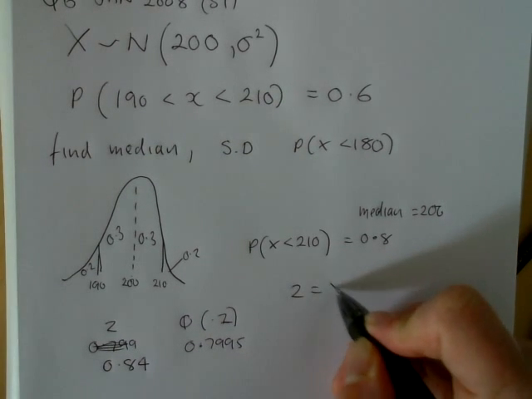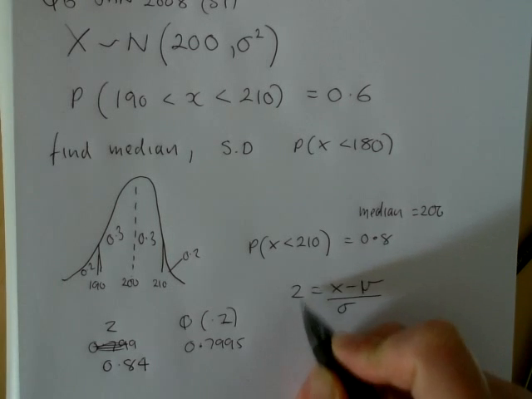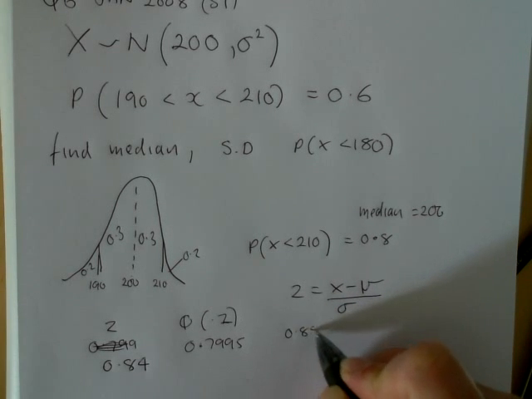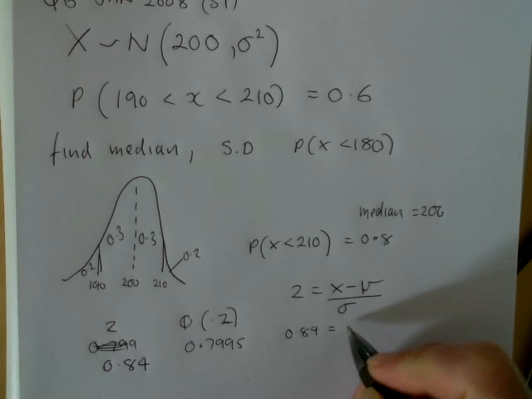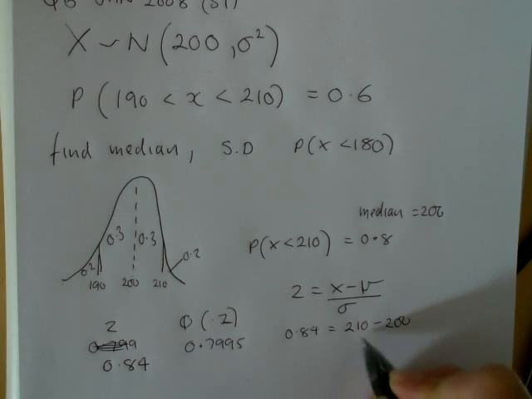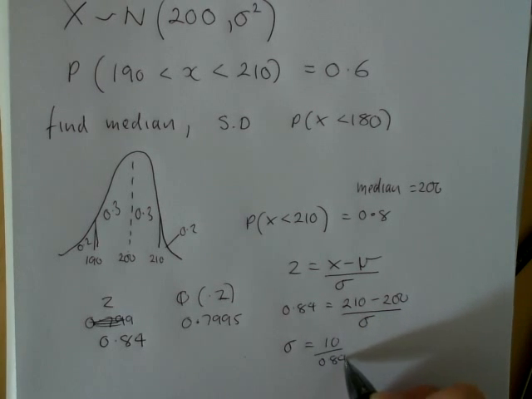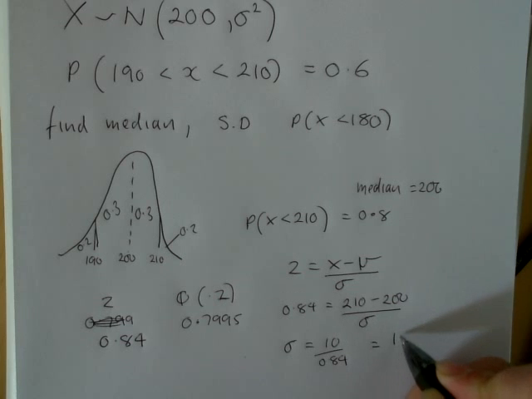So z equals x minus mu over sigma. So z then is 0.84. x is 210 minus 200, all over sigma. So that will give me sigma equals 10 over 0.84, and that comes out at, I think it's 11.9.